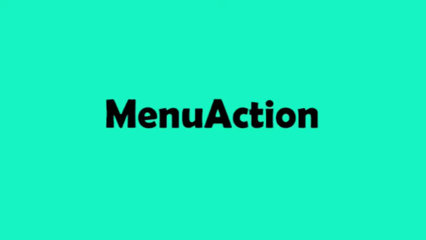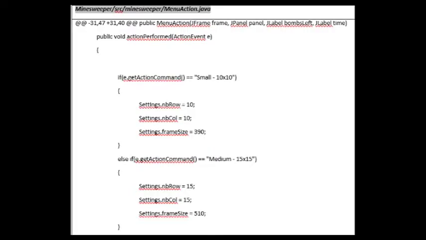So next we move to the new class called menu action. In this menu action we set the sizing of the box, which depends on the size of the level. So it takes the small level, setting the number of rows, the columns, and also the frame size. Then we continue with the medium and did the same method.